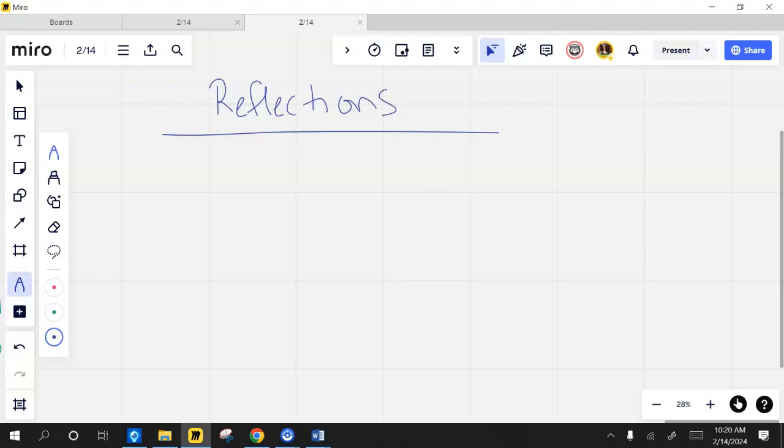Reflections. Do you remember how things reflect? You got to flip signs, right? So what I'm mainly going to be talking about with the reflections is either reflecting over the x-axis or reflecting over the y-axis.